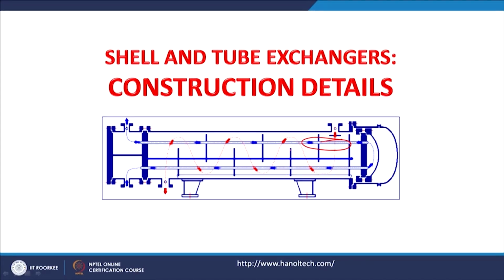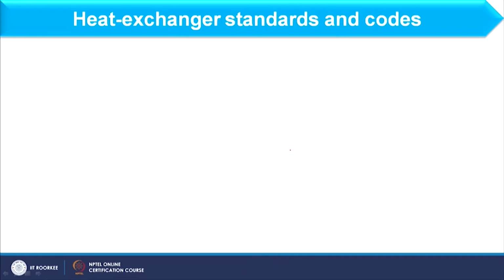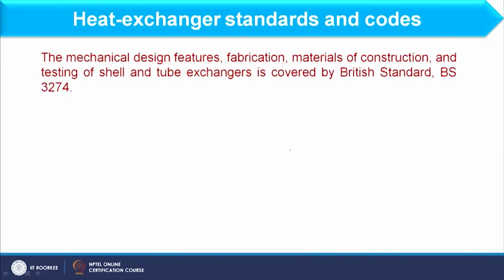But before starting that, we will briefly discuss the heat exchanger standards and codes which are available, and this we also discussed in the last lecture, that we have some standards depending upon different countries. As far as these codes are concerned, these are specifically used for mechanical design.